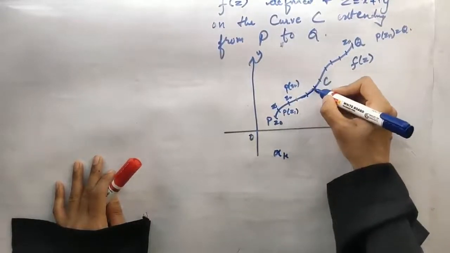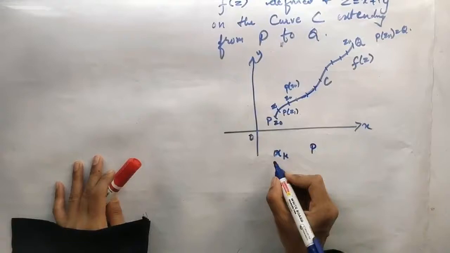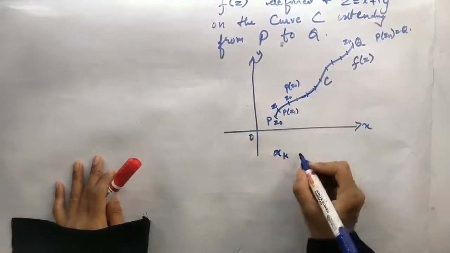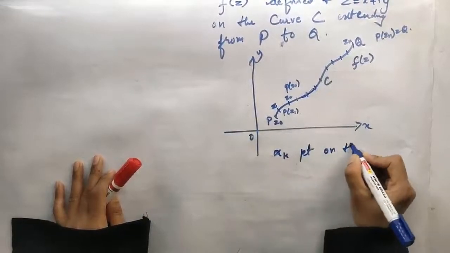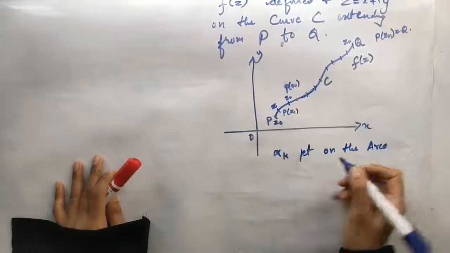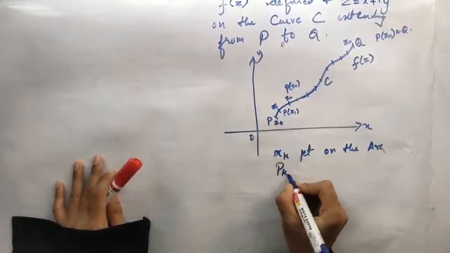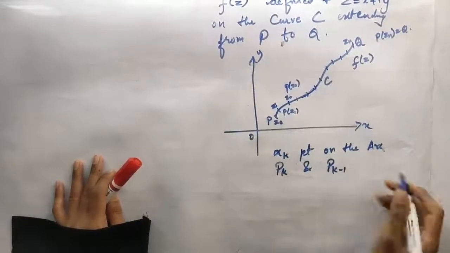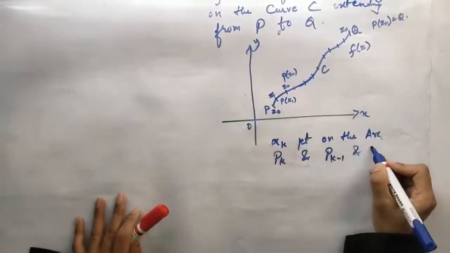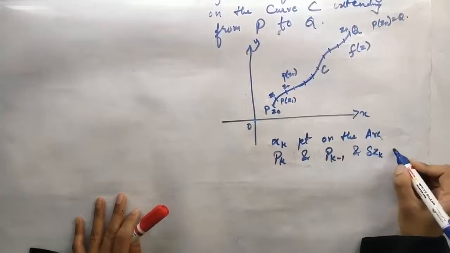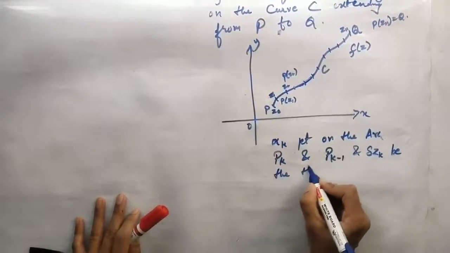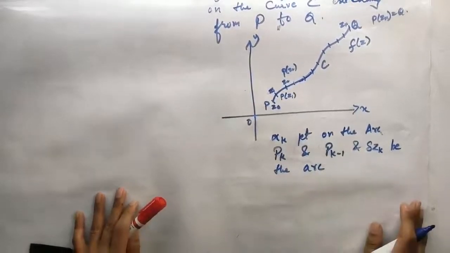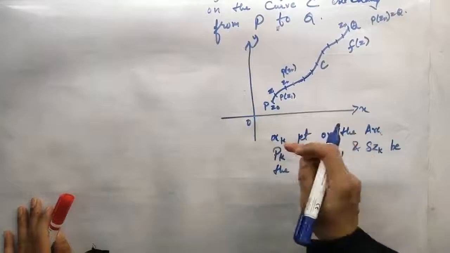So alpha k is a point on the arc connecting P k and P k minus 1, and let delta zk be the arc length of that arc where alpha k is the point.